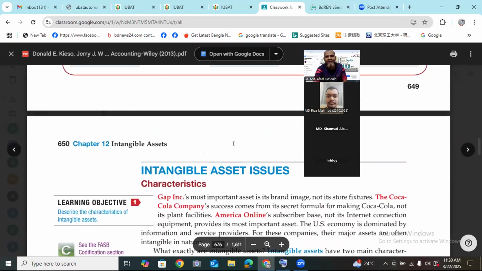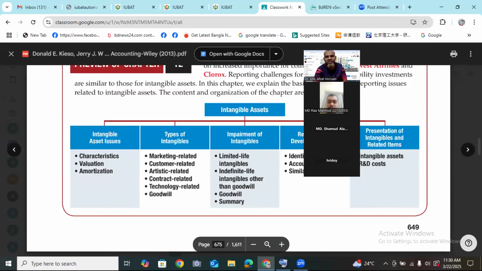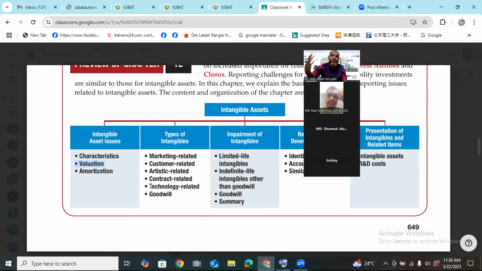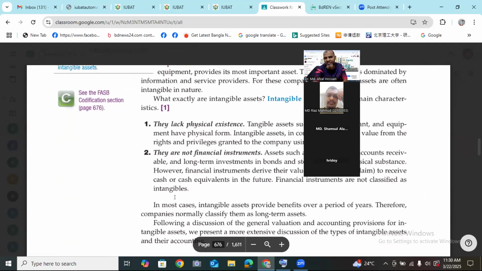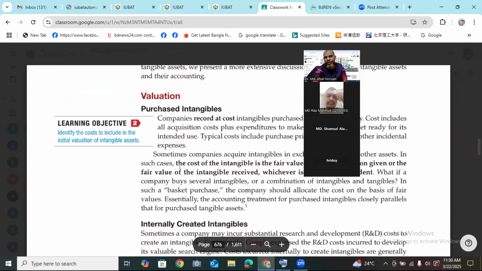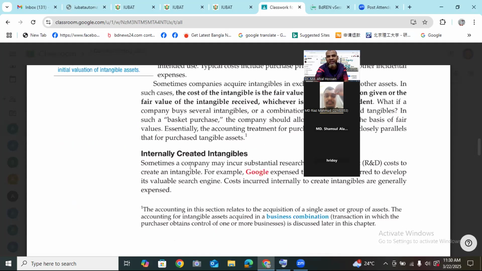Now come to the second point, that means intangible asset valuation. How do you value, how is the valuation process for intangible assets? Okay. So there are two types of intangible assets. First, purchased intangibles, and second, internally created intangibles.